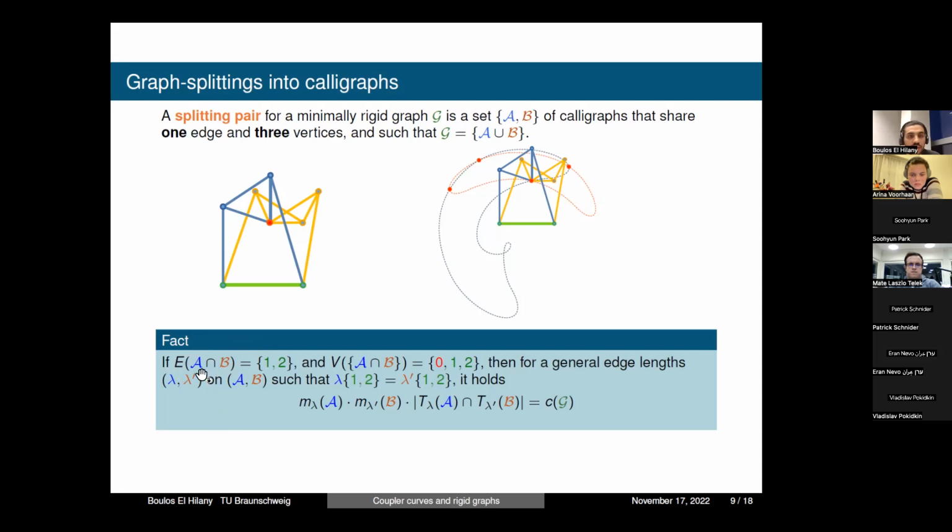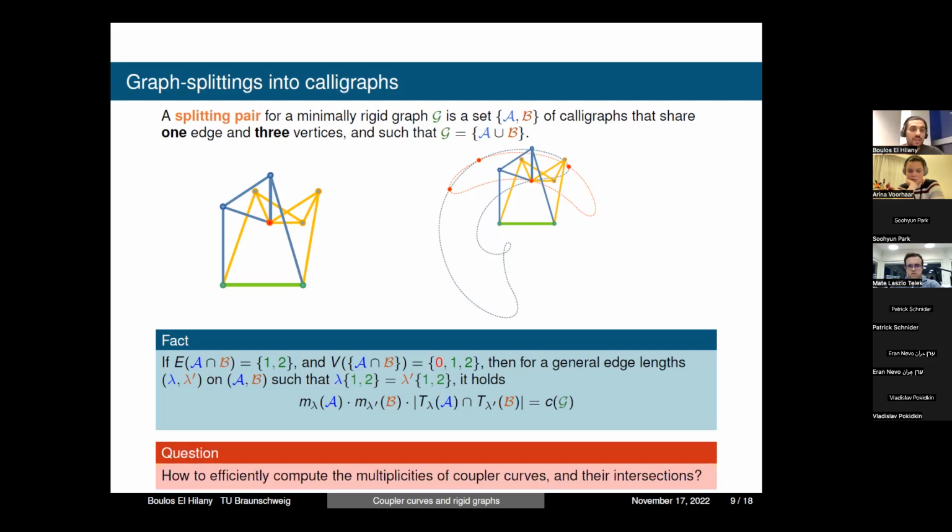So this is the actual fact. If I have this nice splitting where the set of common edges is {1,2} and the set of common vertices is {0,1,2}, then for a general edge length lambda prime on AB, such that the edge length of {1,2} is the same for both, the multiplicity of the first Calligraph times the multiplicity of the second one times the number of intersection points is equal to the number of realizations of the minimal rigid graph. So this is one way those two types of graphs are related.